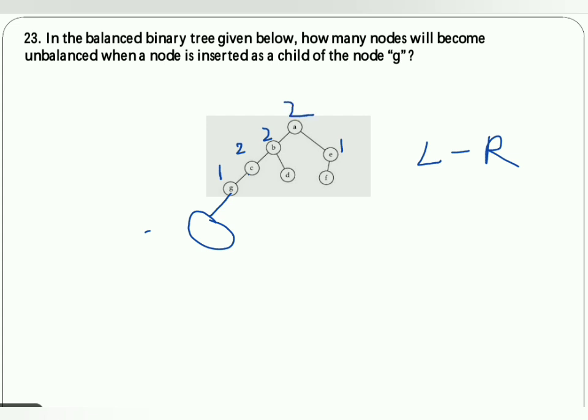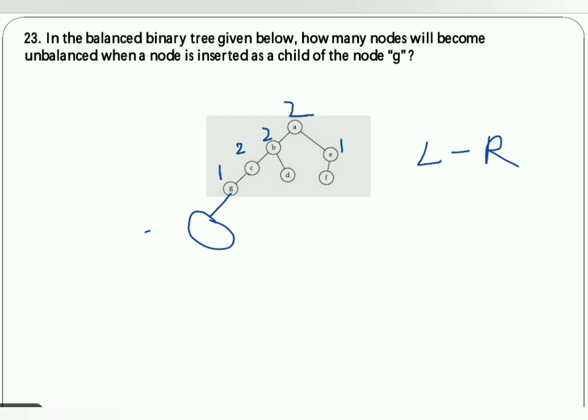So the balancing factor is 2, which is not allowed in the balanced binary tree. The balancing factor must be -1, 0 or 1. So if you are inserting the node G, how many nodes will become unbalanced here?